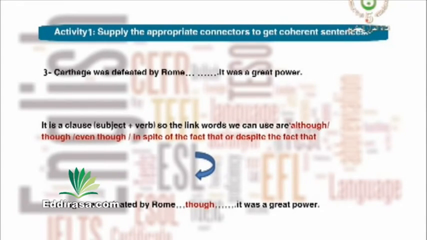So our sentence will be, Carthage was defeated by Rome, although, even though, in spite of the fact that, despite the fact that, it was a great power. As you notice, in the third example, the link word was in the middle of the sentence. This is to tell you that we can start the sentence with although, or we can have it in the middle of the sentence.